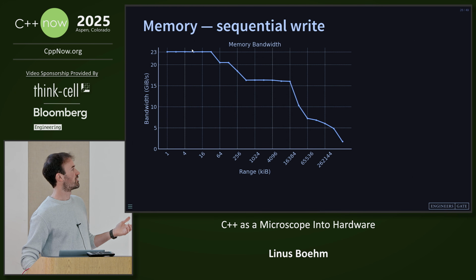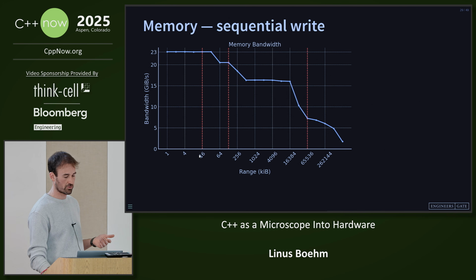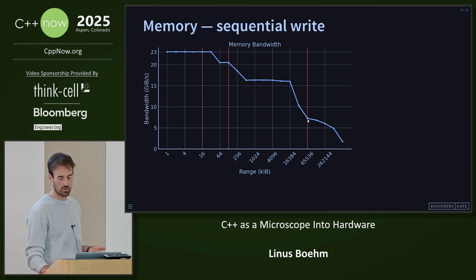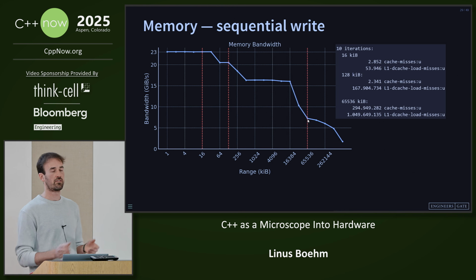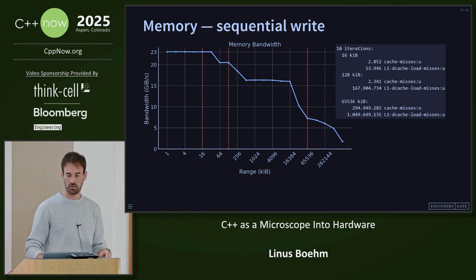This is probably a bit unexpected, that there are these steps here. In order to figure out what's going on there, we can pick 3 locations: here at 16 kilobytes, 128 kilobytes, and some value over here in the slow range. And again, we can use perf stat and see if any of the counters deviate between those different regions.